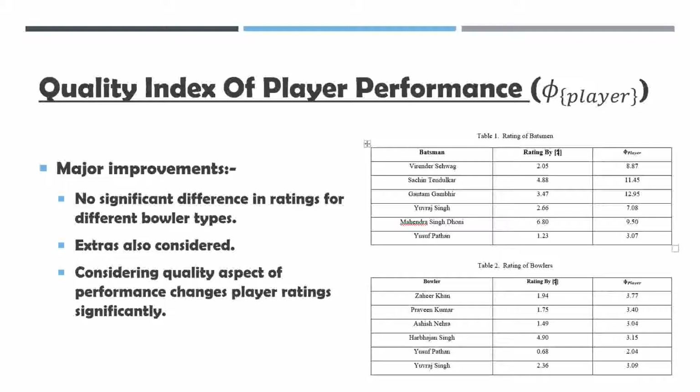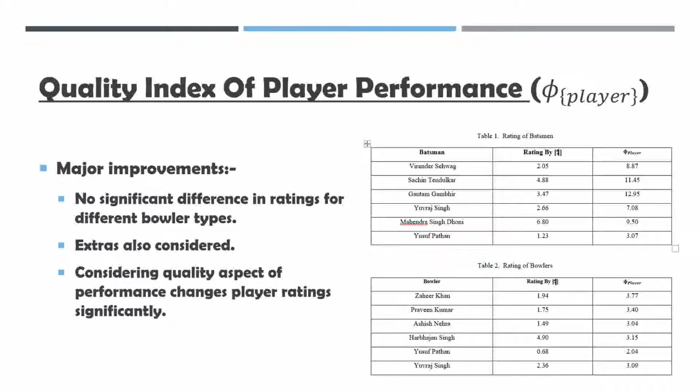So most of the existing player rating mechanisms give a certain preference to spin bowlers. As you can see here, we have taken work from literature, and in the bottom table, number two, Harbhajan Singh, in the fourth row, is a spin bowler.